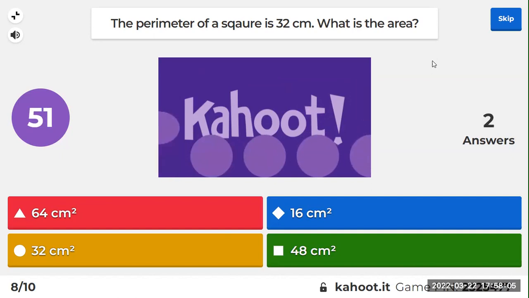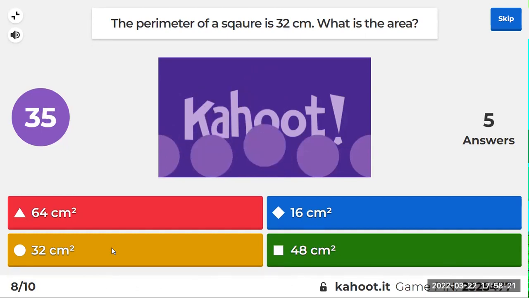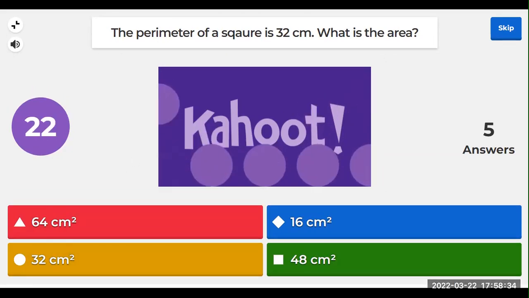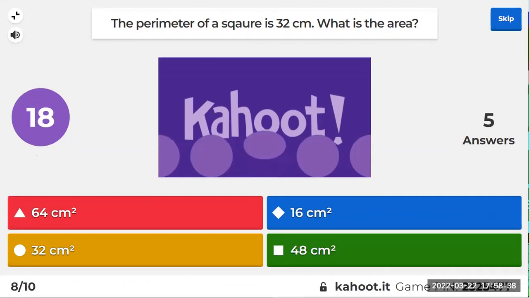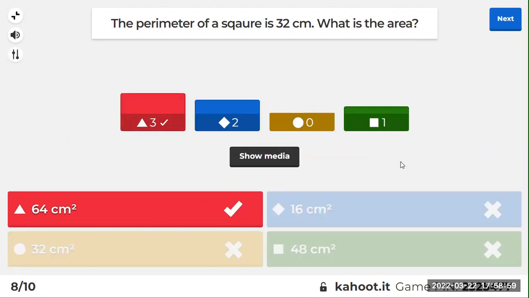Think carefully about this question. So the correct response would be 64.